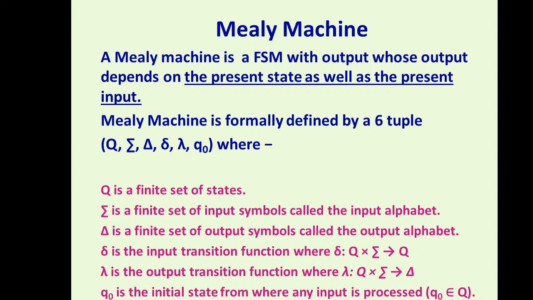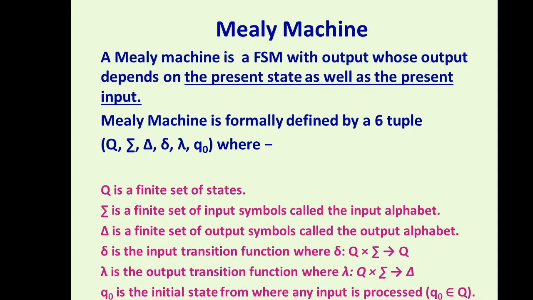Second machine is Mealy machine. It is also a finite state machine with output, whose output depends on two things, that is current or present state and the current or present input symbol. Formally, we can define Mealy machine as 6 tuple Q, sigma, del, delta, lambda and q0, where the parameters Q, sigma, del, delta and q0, these 5 parameters are very similar to the Moore machine, except one parameter, which is lambda.